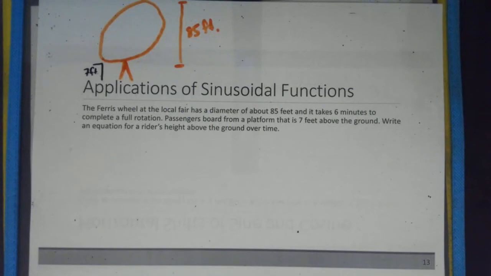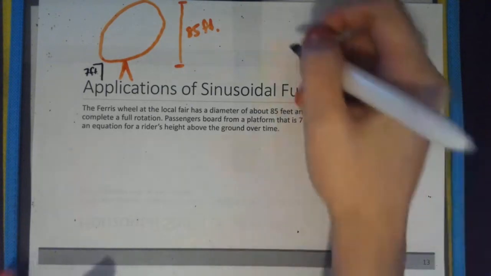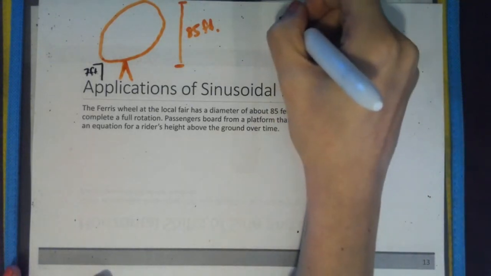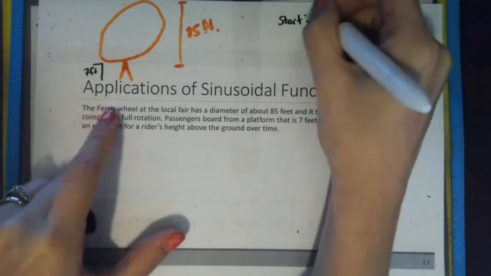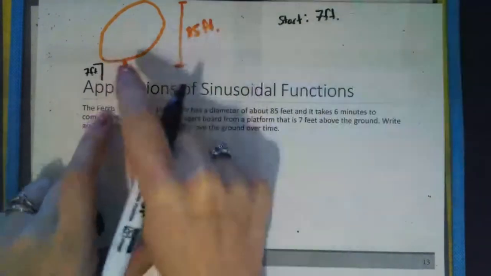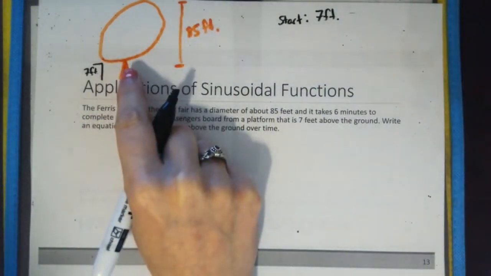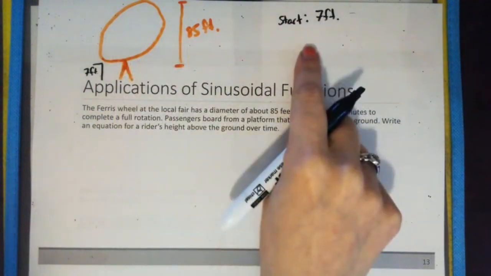So if you think about this, the passengers are going to start at 7 feet off the ground because you board the Ferris wheel from the bottom. So this is the lowest they're going to go.